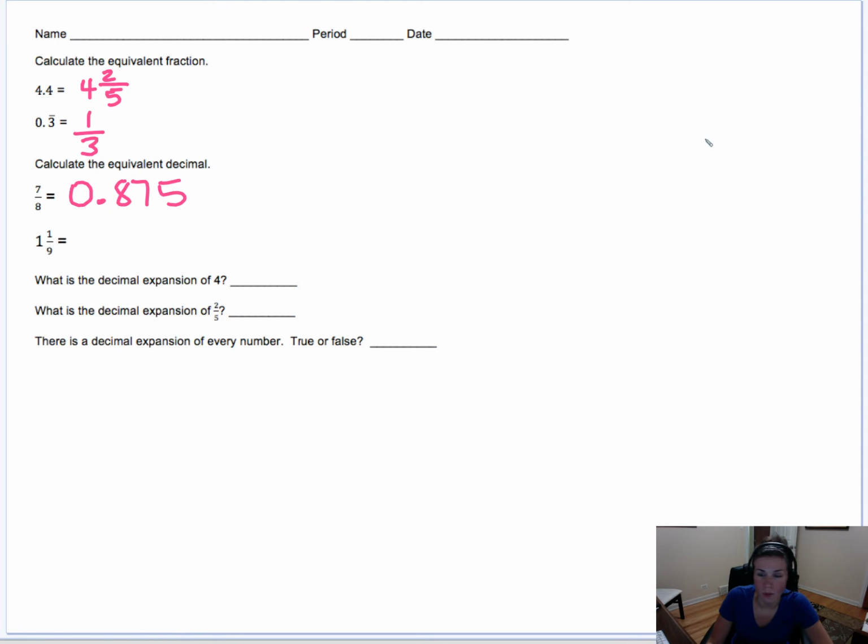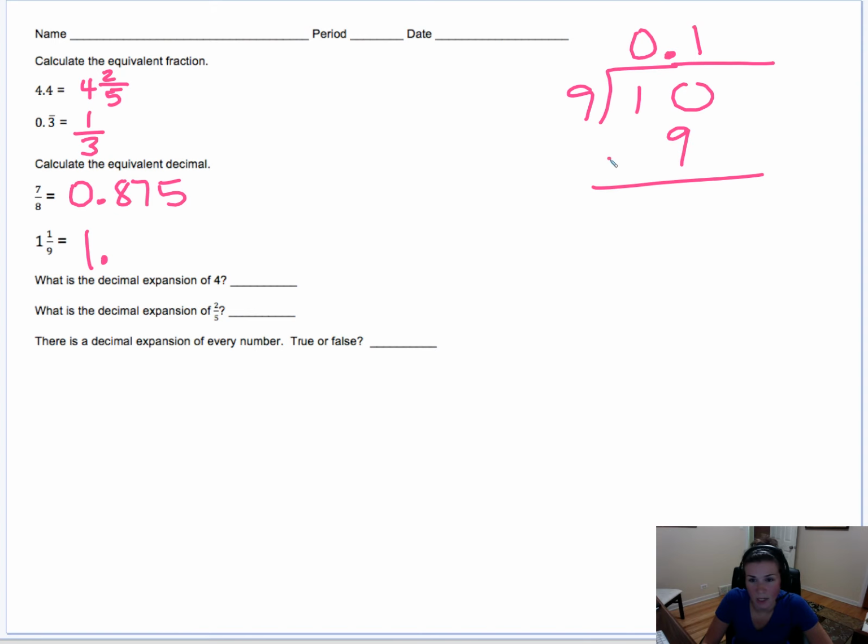Then we've got 1 and 1/9. Now I'm going to add in my final answer. Since there's a whole number here, it's going to be 1 point something. The only part I need to convert is the 1/9. So I'll do that by doing 1 divided by 9. And I ask myself, how many times does 9 go into 1? It doesn't, so I add a 0 and a decimal point in order to add another 0 here. So how many times does 9 go into 10? 1 time, and 1 times 9 would be 9.